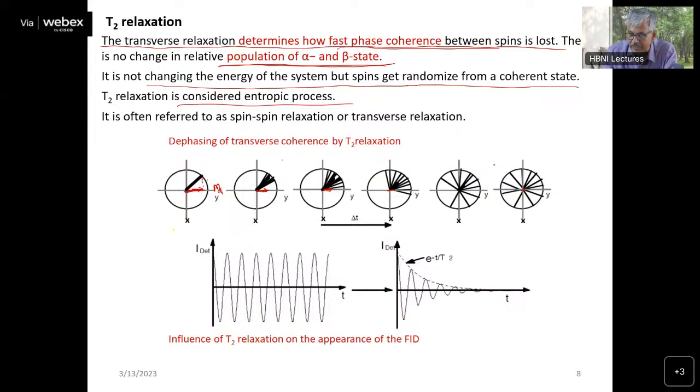Although the period remains the same, the intensity is decaying, and from that one can find the decay constant: it follows e to the power minus t by T2, with a time constant of 1 by T2.